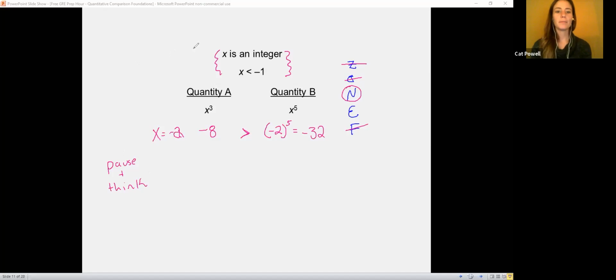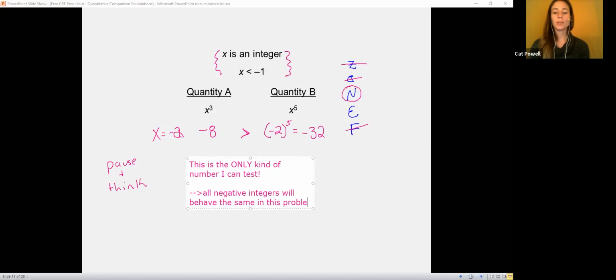Yeah, yep. This is the only kind of number I can test. I can only test negative integers. So all negative integers will behave the same in this problem. If I just multiply more negative numbers together, I'm going to get even more negative numbers.